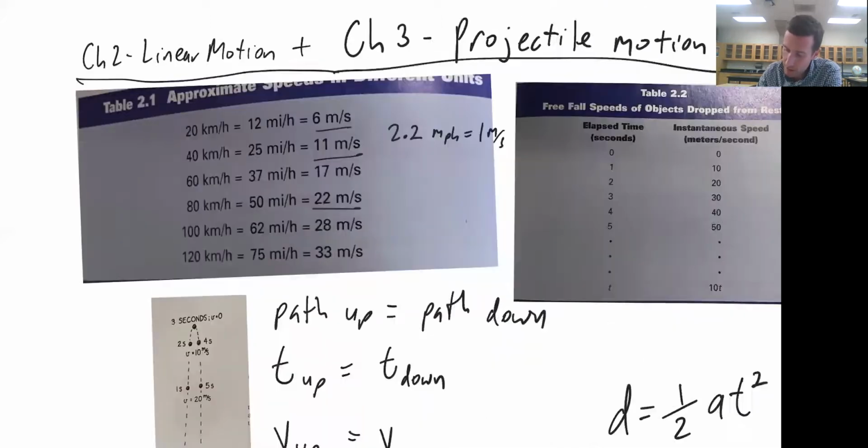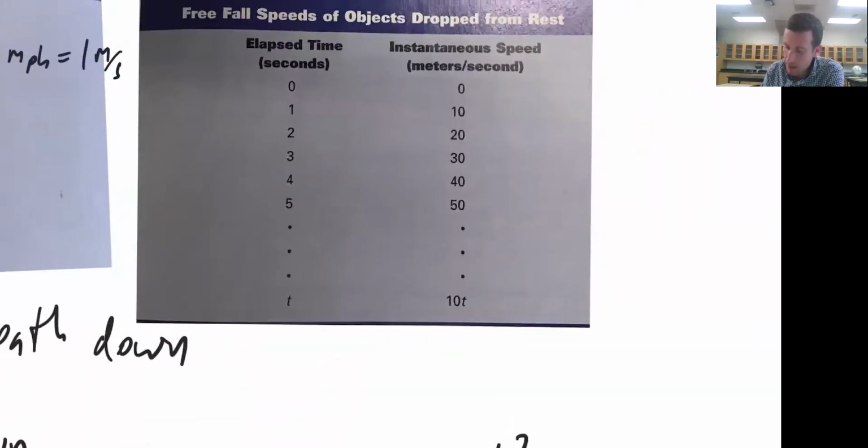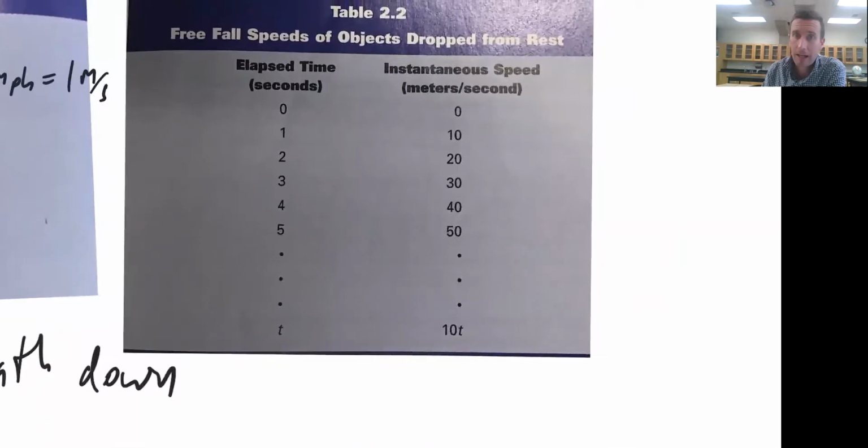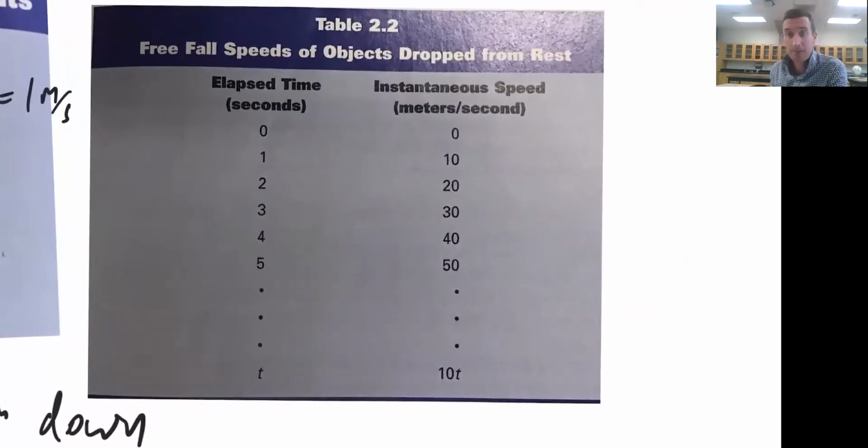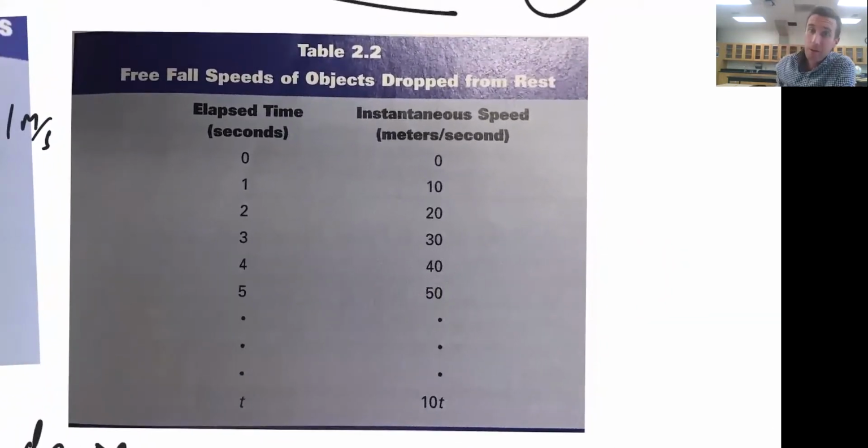What that does for us is it tells us that if I know how long something has been falling, I can figure out how fast it's falling, because acceleration is the change of velocity, meters per second, every second. So meters per second squared. Every second, I will gain another 10 meters per second of speed.